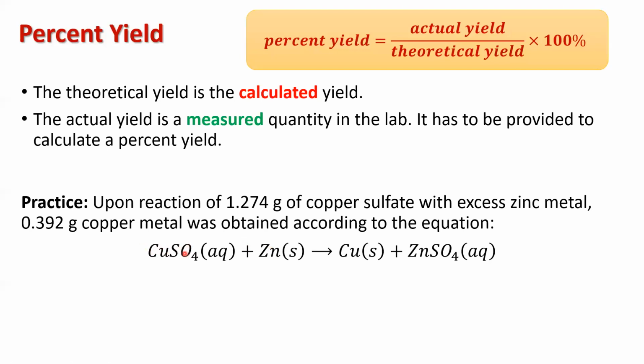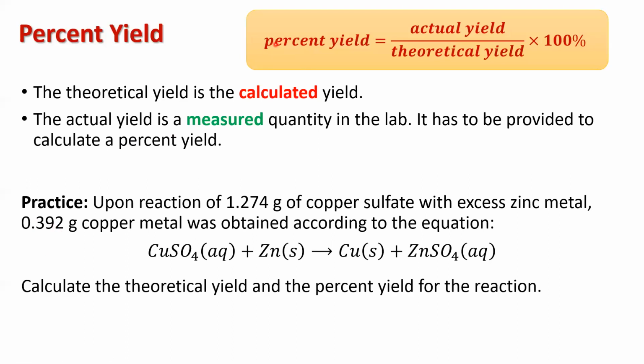So what we would do first is figure out the theoretical yield. We'll do a stoichiometry problem. We'll take the copper sulfate and do our stoichiometry to figure out how much copper we should produce. That's our theoretical yield. Then we would take the value that we got in lab, that's the 0.392, divide it by the theoretical or the calculated value and figure out what our percent yield is.